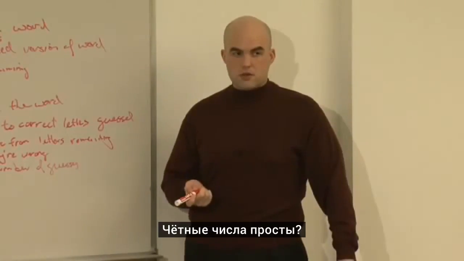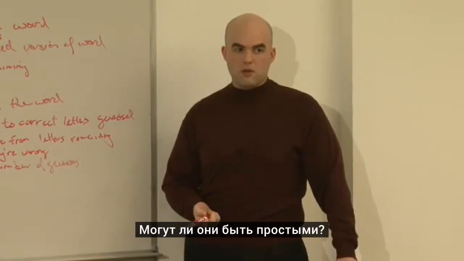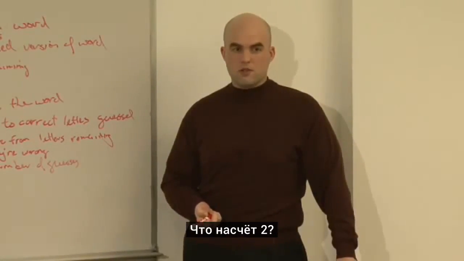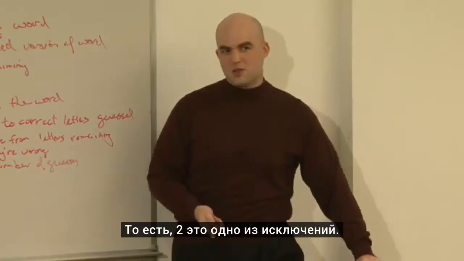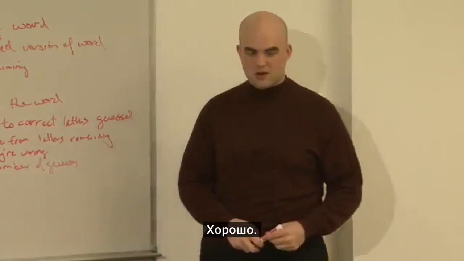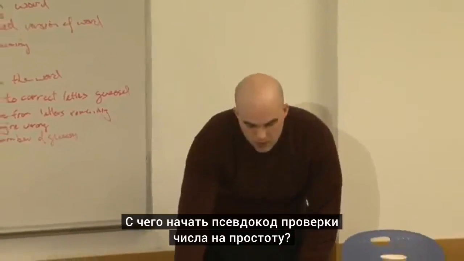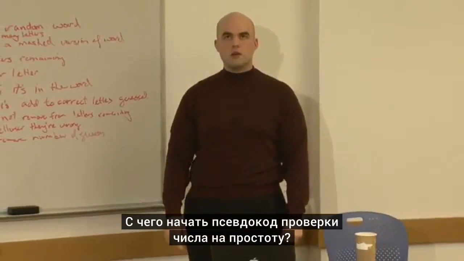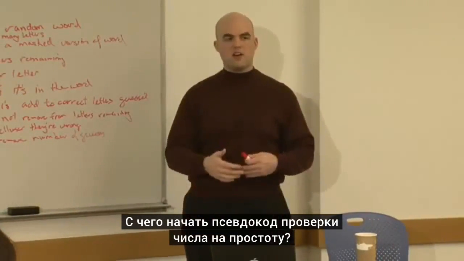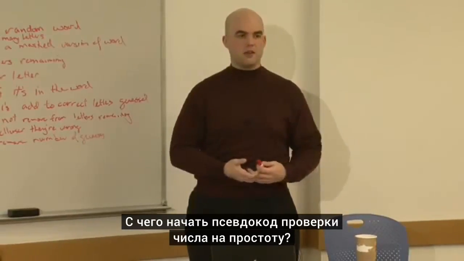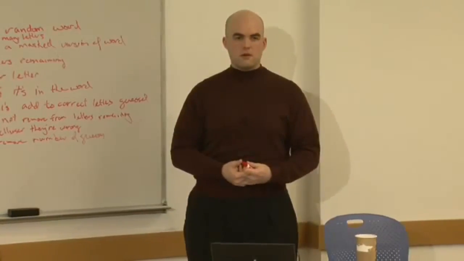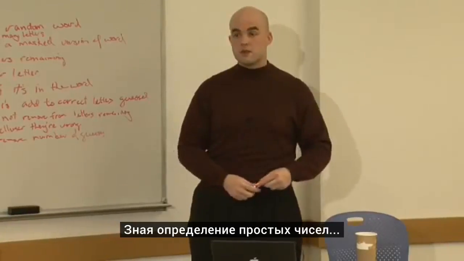Are even numbers prime? Can they ever be prime? Really? What about 2? So 2 is one of our special cases, all right? What would be a good starting point for pseudocode to test primality, knowing those facts?